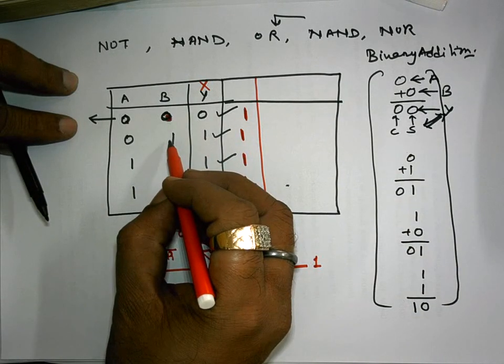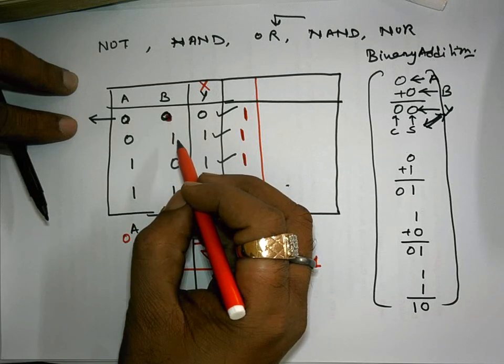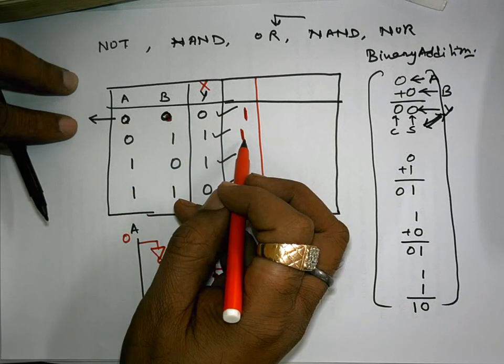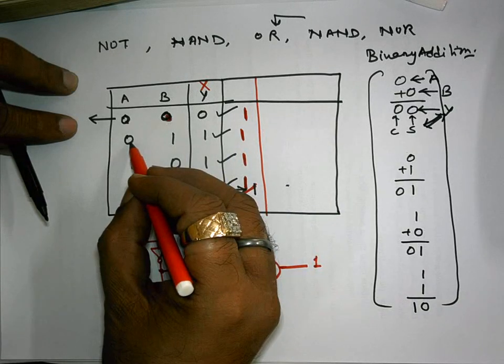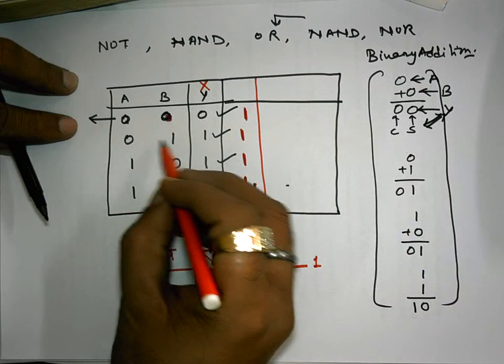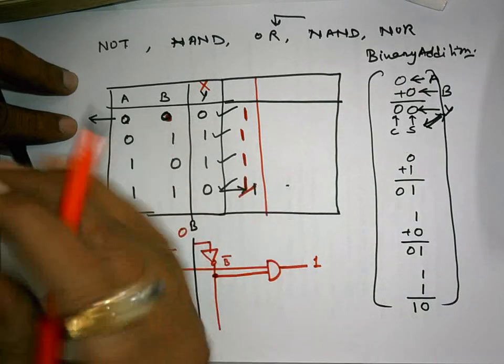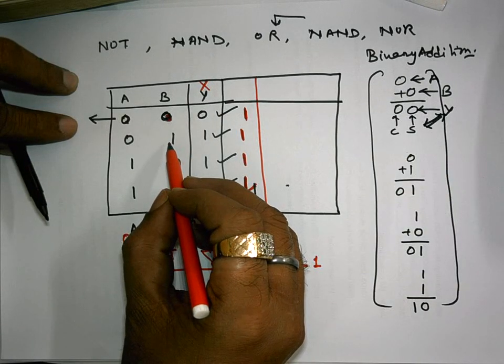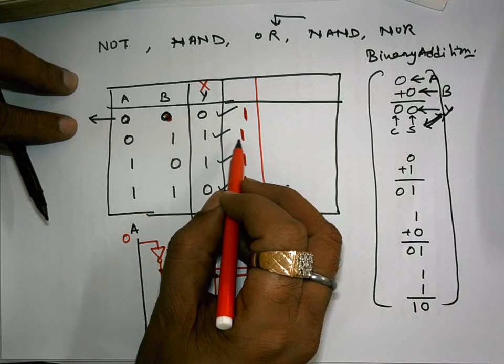Suppose I apply input 0 1, and I ask you to design a circuit using an AND gate and NOT gate, so that the circuit should give 1 as the output. How will you design the circuit? You will pass this 0 through an inverter and make it 1, and this 1 is passed as it is, and they are both then applied to an AND gate, and that AND gate will give you 1.